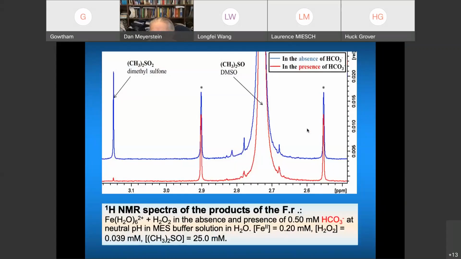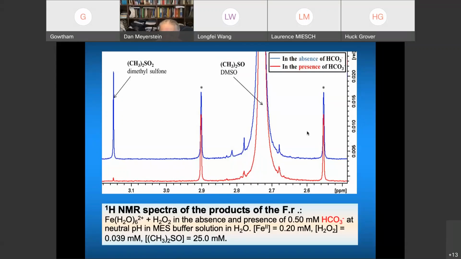The blue is in the absence of bicarbonate, and you can see that a lot of dimethylsulfone is formed. This is in fitting with Bacak's results. We form dimethylsulfone in neutral solution if there is no bicarbonate present.